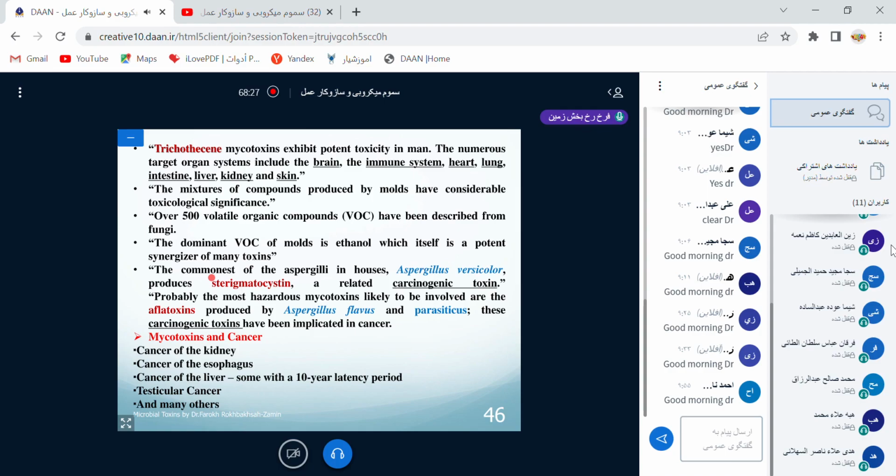So one person living in a home full of fungi has so many toxins daily coming to the lung, and the lung is a vital part and it is very important.